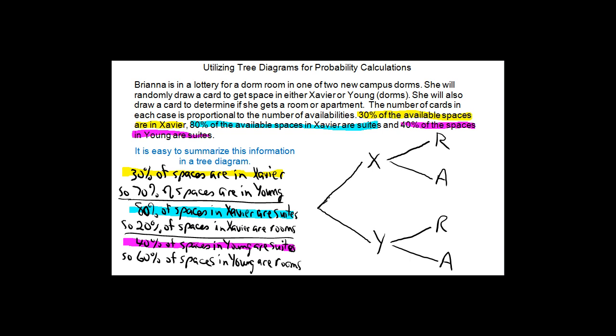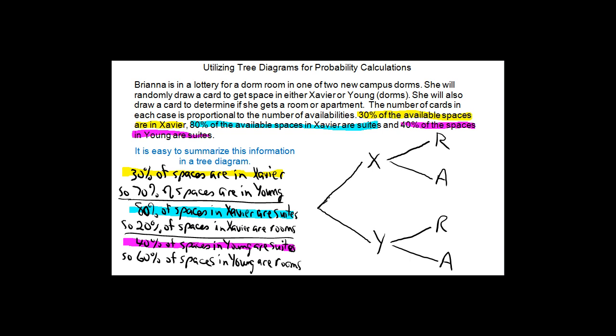And then lastly, they said 40% of the spaces in Young are suites. So that implies that 60% of the spaces in Young are rooms. So they gave us 3 pieces of information, and we ended up with 6 because of how the probabilities work. If it's 30% of one thing, it's 70% that it's not. If it's 80% of one thing, it's 20% not, and 40 and 60, so on.